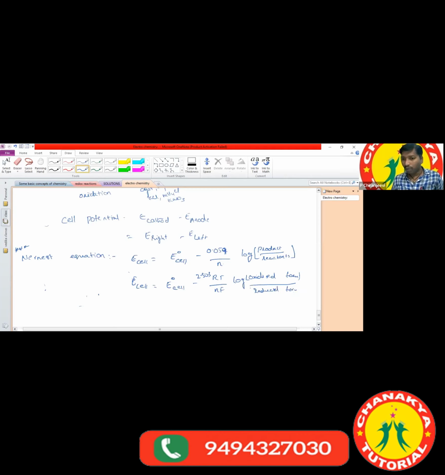This is one more formula on which questions are asked in JEE level examinations.